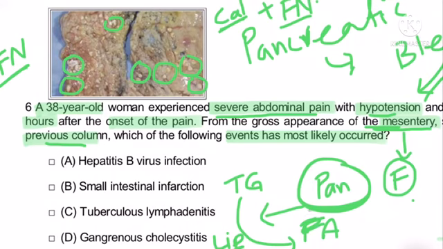So if there is acute pancreatitis, the enzyme can leak into the blood, reach different organs and induce fat necrosis. In this condition, it's a mesenteric fat necrosis. These are the multiple areas of fat necrosis.